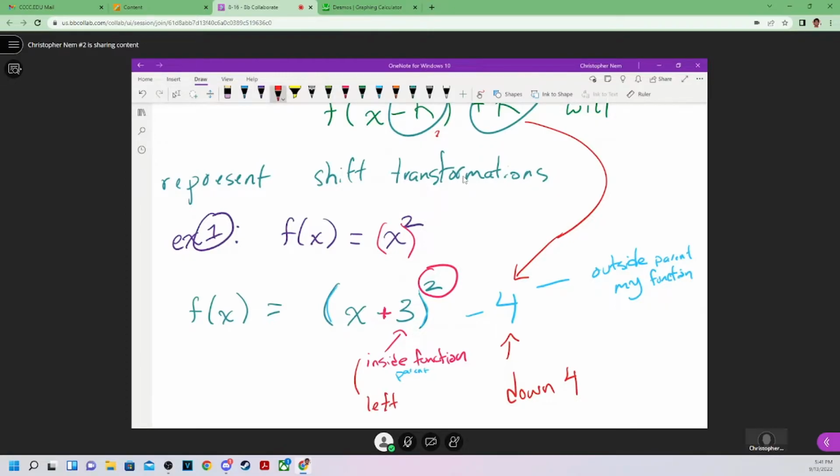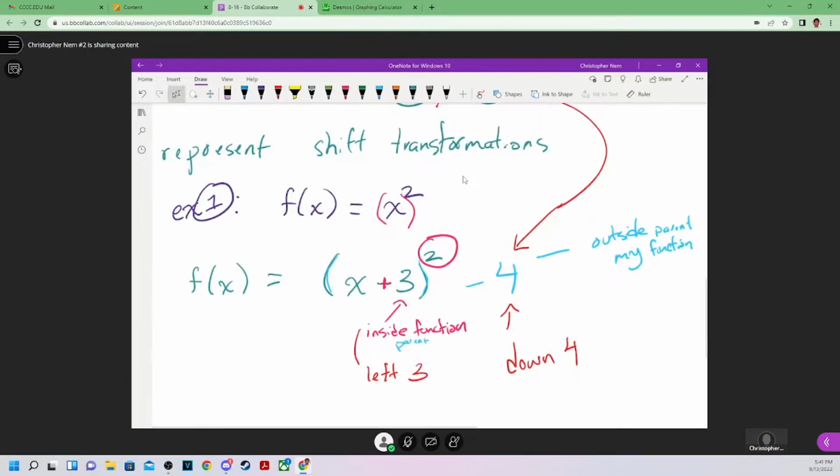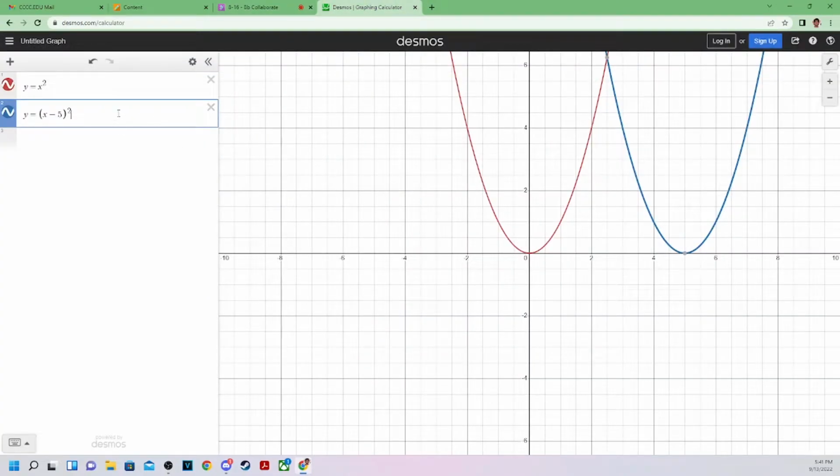Left 3. This is a horizontal transformation, so we're either left or right. But in this case, we're going left 3. And I encourage you to think about this in terms of function. It makes sense for outputs, but for inputs, understand that those values that you're subtracting by 5 happen before your actual image appears.